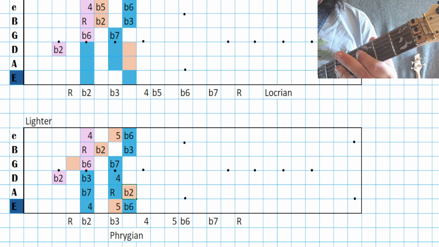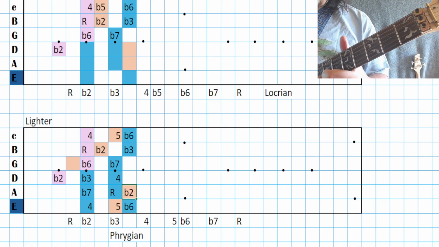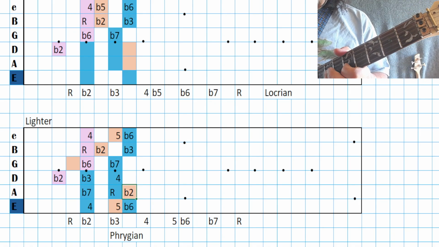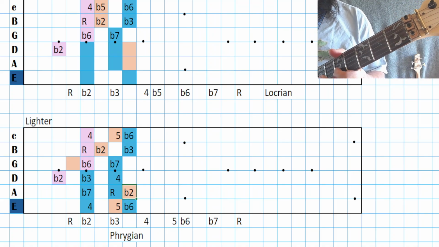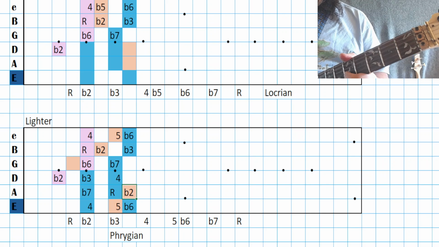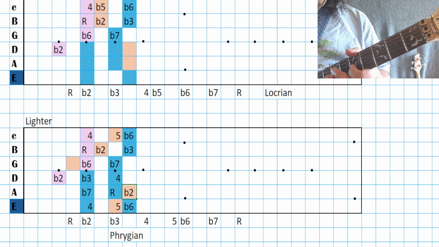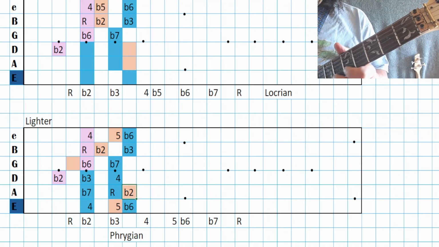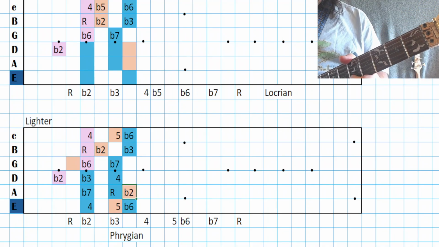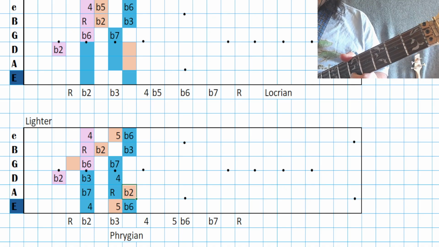Locrian, Phrygian. Still got this very weepy interval series, but it's got this a little more hopeful than this. It just sounds tough to get over.